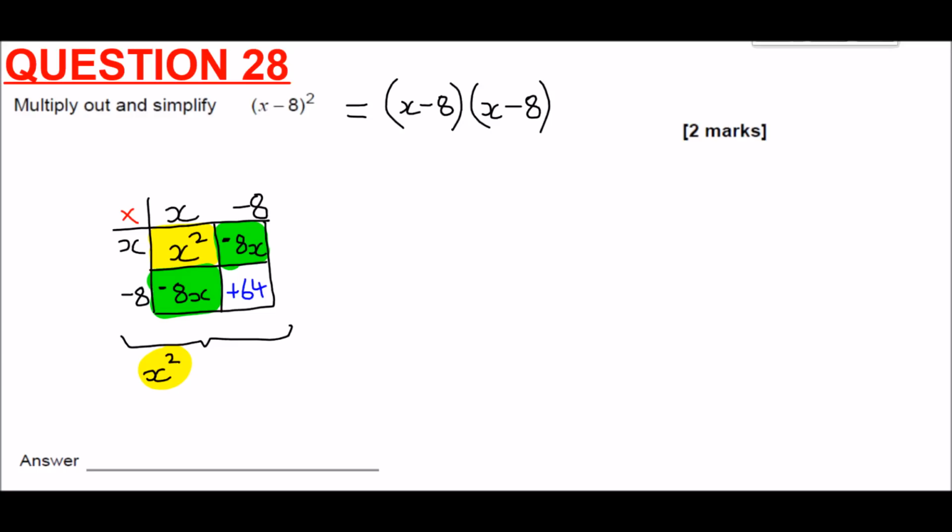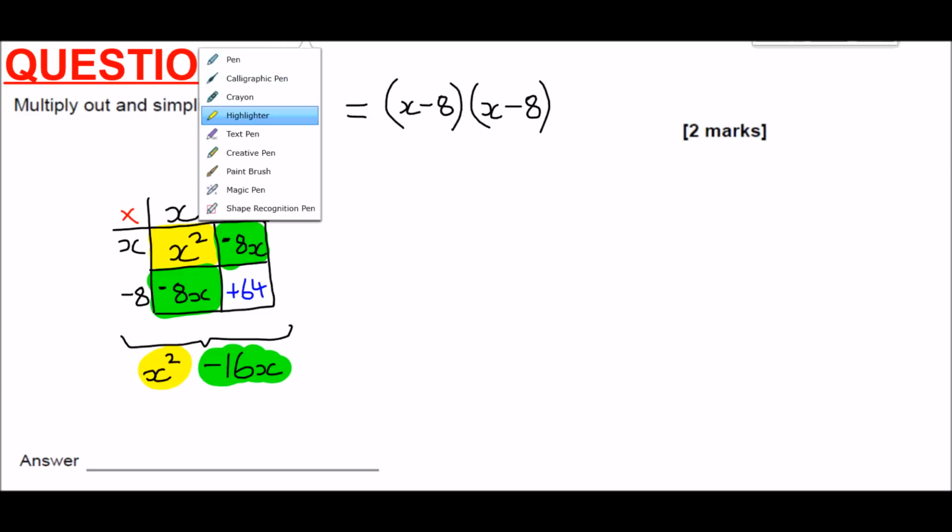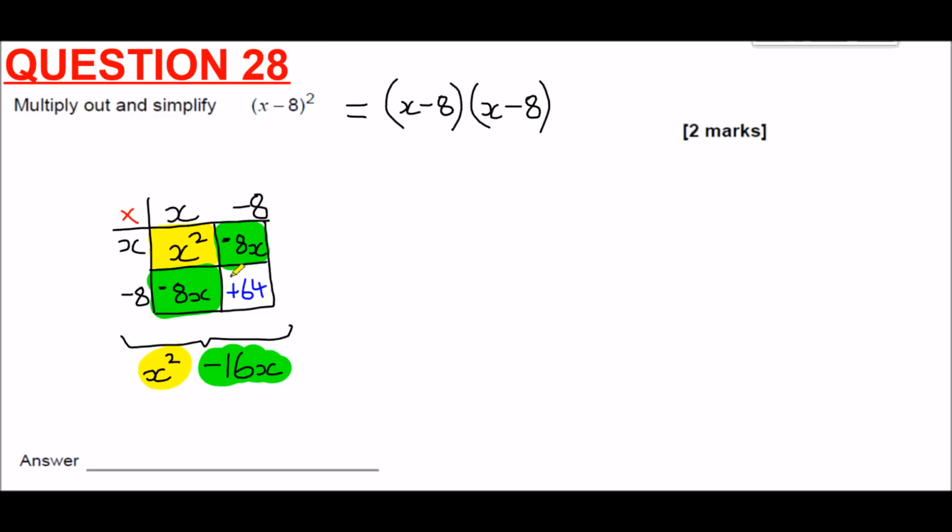So if you take away 8 and then take away another 8 after, you're taking away a total of 16 x's. And finally, just writing down the number on its own. The number which comes on its own is just plus 64. And so our final answer is x squared minus 16x plus 64.